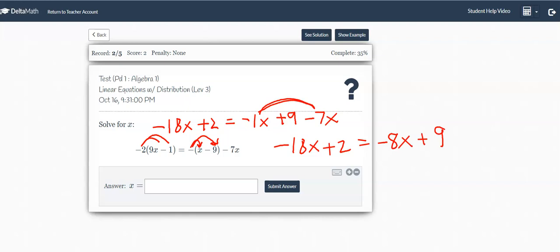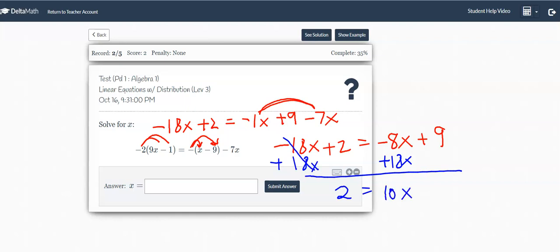And then as you're working, you can use your inverse operations here to add 18x's on both sides. Right, giving me 2 equals 10x plus 9, minusing 9.